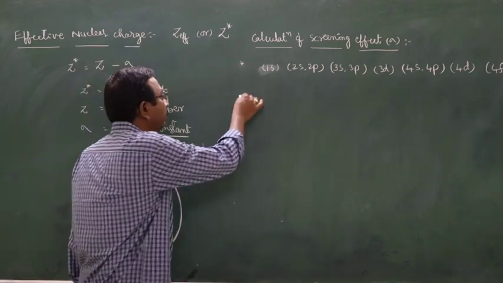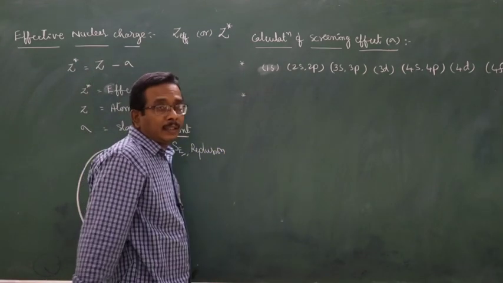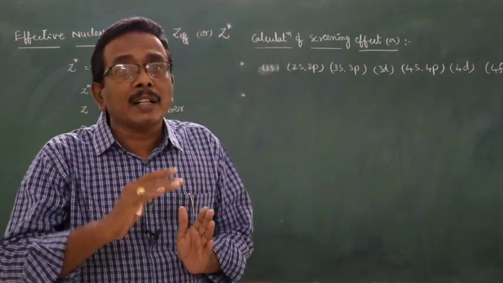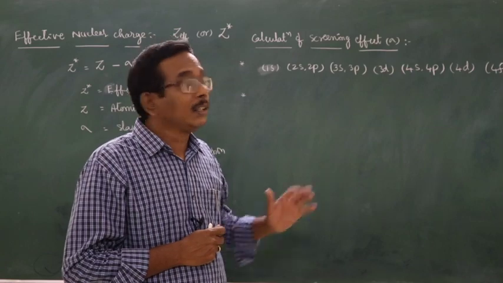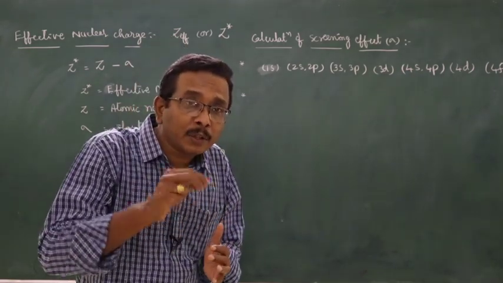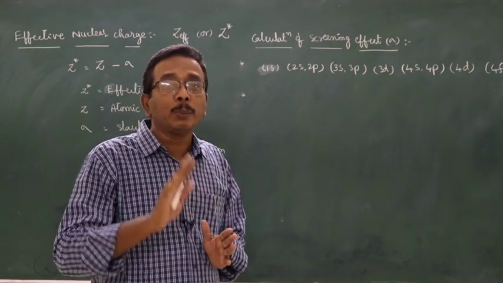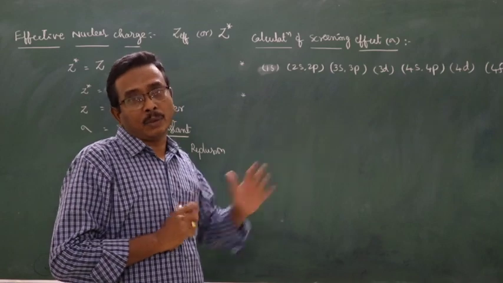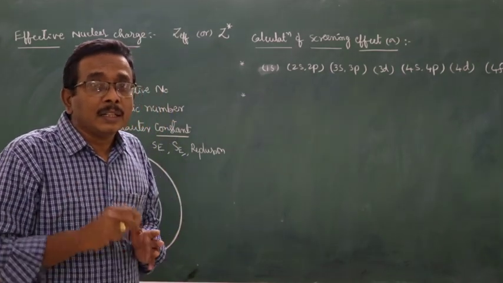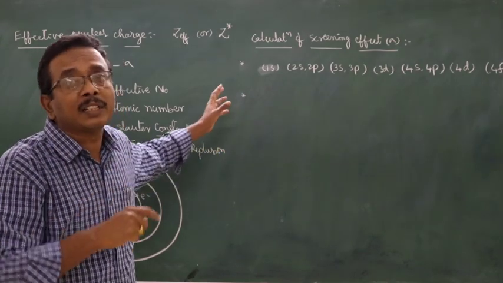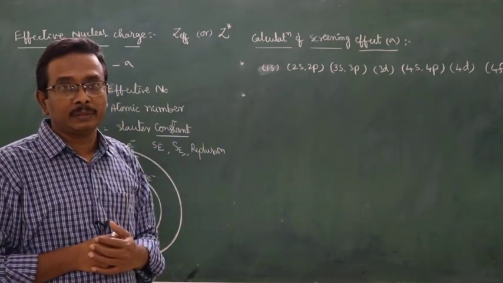And the second one: the electrons which are present on the right side of the group in which the effective nuclear charge is calculated should be excluded from the calculation, as their contribution is nothing towards the Slater constant.